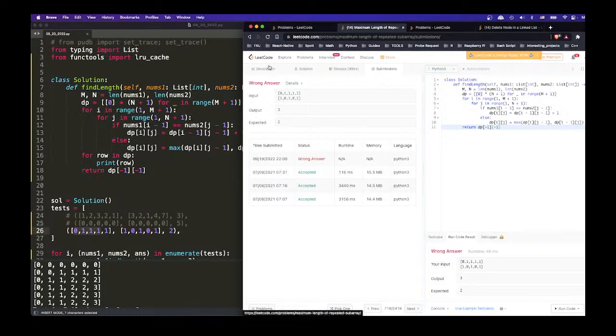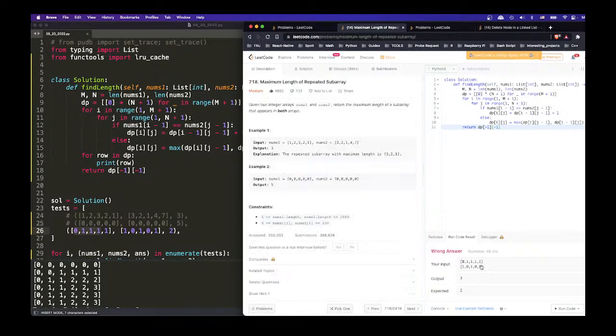Wait, hold on. Let me read the question again. How is this one wrong? A subarray that appears in both arrays. Oh, subarray! Not subsequence. Come on, man.